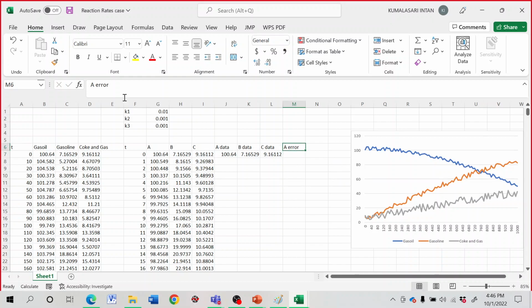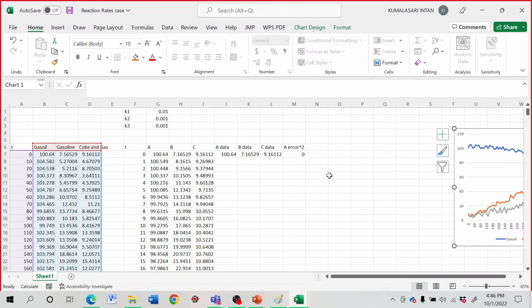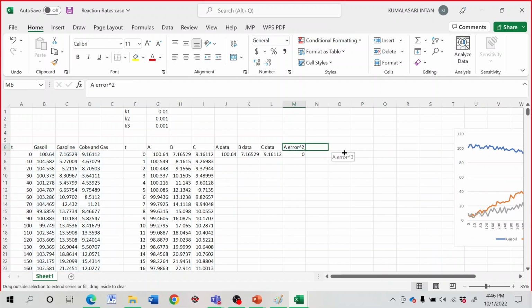Now let's make it square error, so that you know this is this minus that one squared. And then the B and C, anyhow, B error, C error.